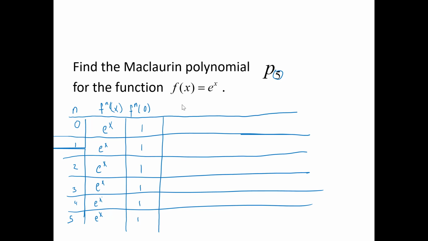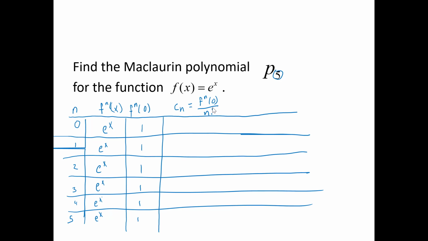And that will then allow me to find my Cn, my nth coefficient, which is given by the formula that I gave you, that your nth coefficient will always be your nth derivative evaluated at 0 divided by n factorial.